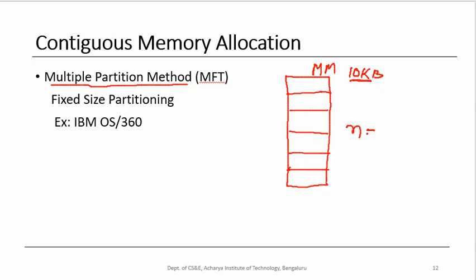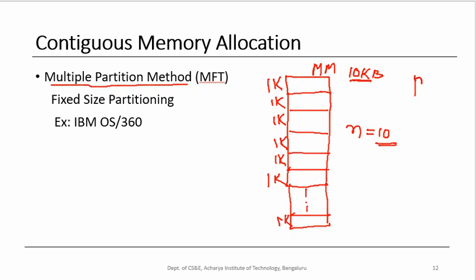Let's say in this case we divide the memory into 10 partitions and each partition has a fixed size. Let's say each partition will have 1K size. So we are going to have 10 such partitions, right? So this is known as the fixed size partitioning.